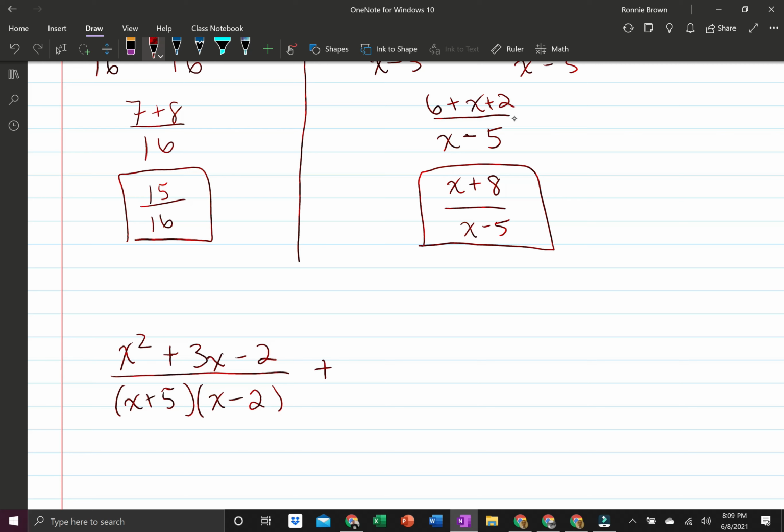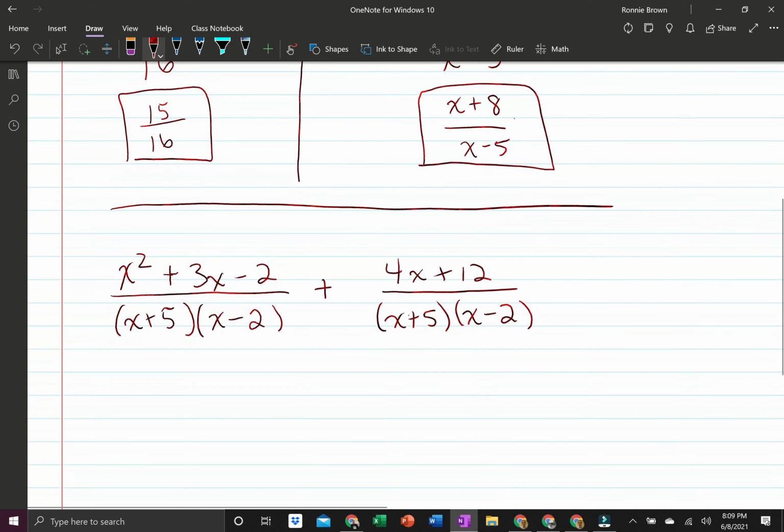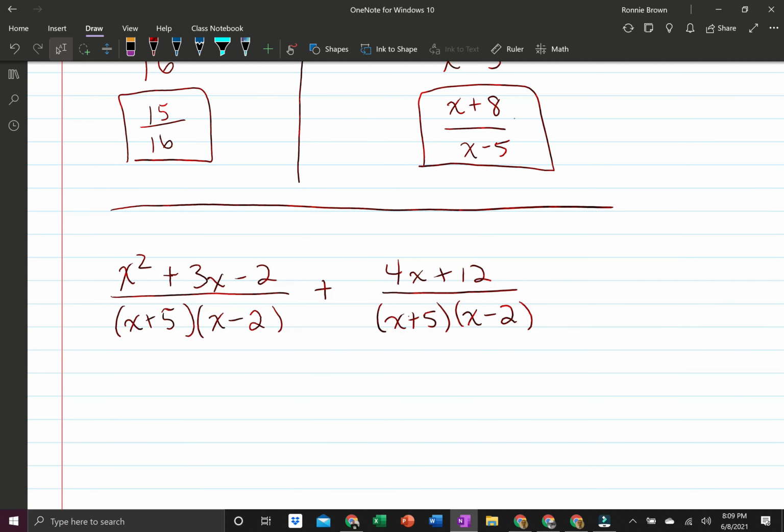This is being added to this rational expression, 4x plus 12 over x plus 5, this product again, over x minus 2. So again, we see the addition of these two rational expressions, but no worries because they have the same denominator. In that case, I'm going to write them in my next step over that same denominator, x plus 5 over x minus 2.